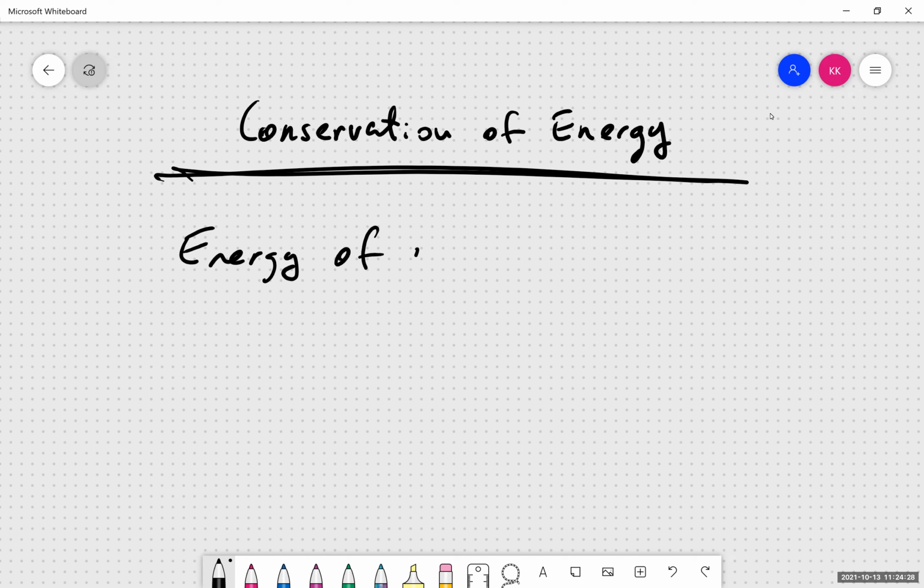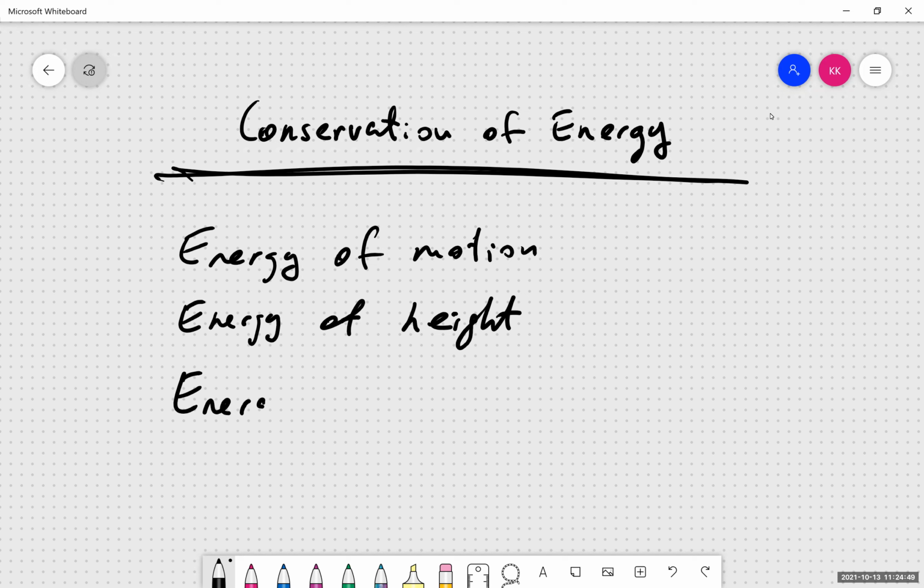So there's energy of motion, and there's also energy based on height and energy based on shape. So energy of shape, among other things.